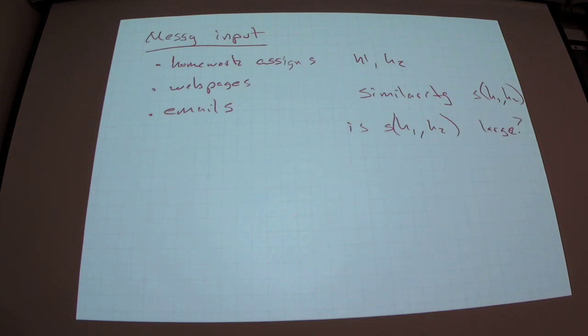If the similarity is large, then it means they might be essentially copies of each other.